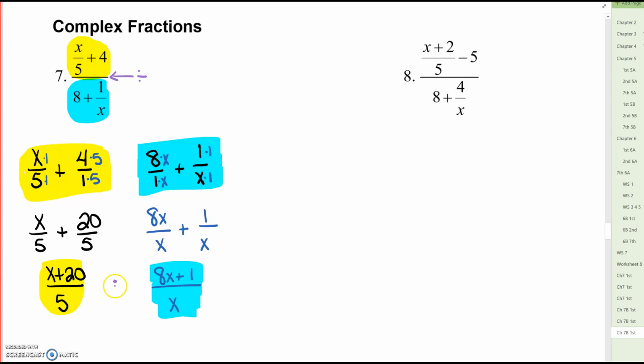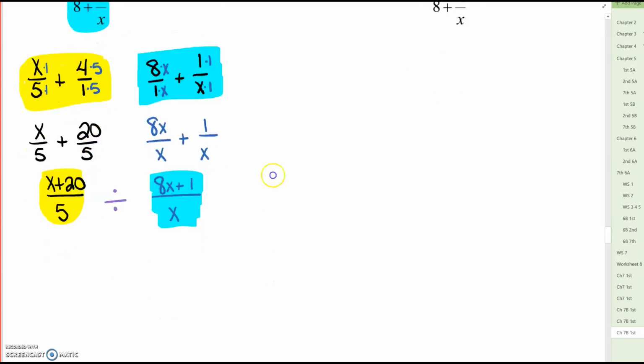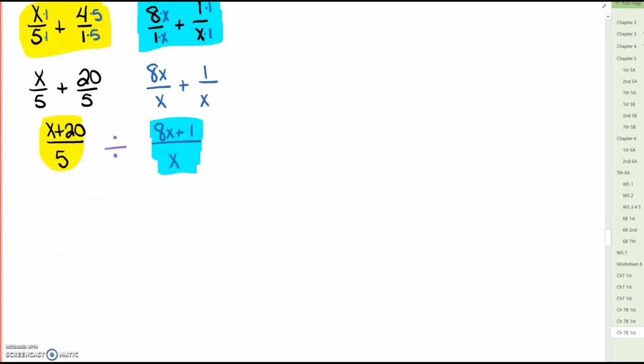Now we're going to do the third step, which is divide. How do we do a division problem? We multiply. We keep the first fraction the same, flip the second fraction, and change the sign to multiply. You would need to factor everything you can.